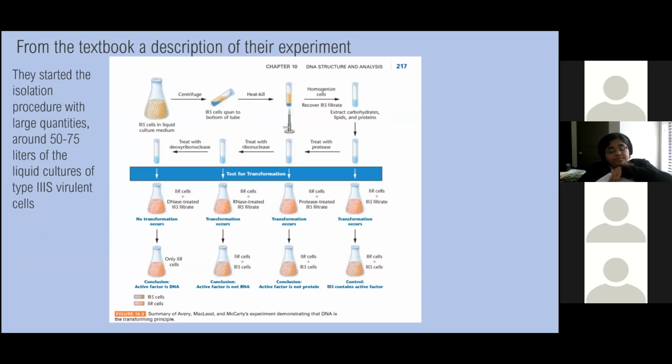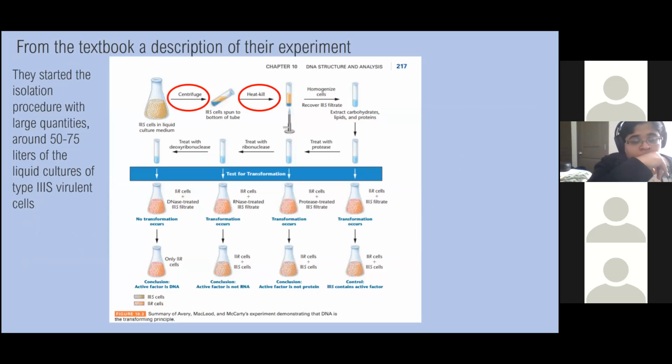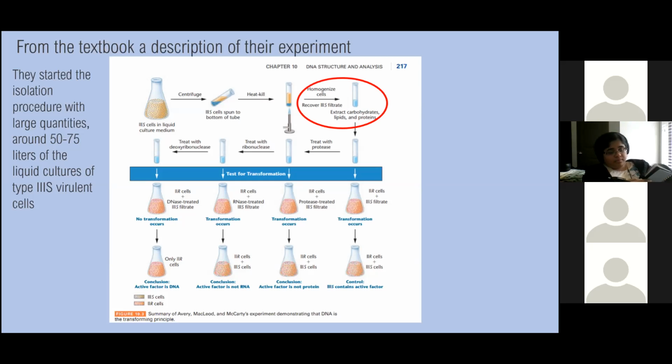And then I just found this picture from the textbook that I think gave a better description. It shows that they started the isolation procedure with a quantity of around 50 to 75 liters of the liquid cultures of type 3S virulent cells. The cells were centrifuged, collected, and heat killed. And then after homogenization, they extracted carbohydrates, lipids, and proteins.